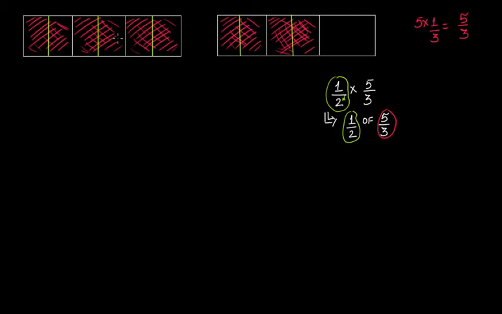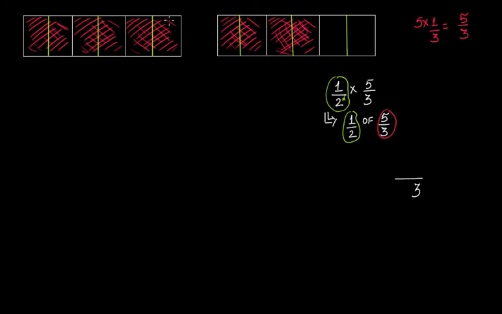Now, if you clearly see, each whole has been divided into how many parts? Initially, the fraction was of 3 equal parts, right? Now we have 1, 2, 3, 4, 5, 6, right?